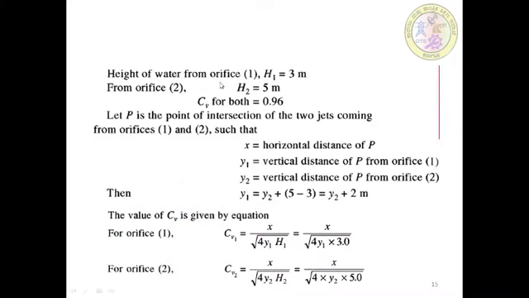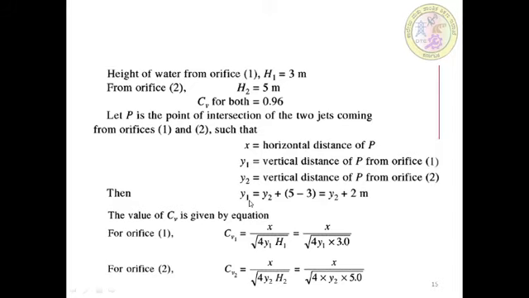From the figure we can notice that the head of orifice 1, H1, is 3 meter, and similarly the head of orifice 2, H2, is 5 meter, and CV for both orifices is given as 0.96. Now we'll see the position of the intersection P. x is the horizontal distance, and y1 and y2 are the two vertical distances for the respective orifices.